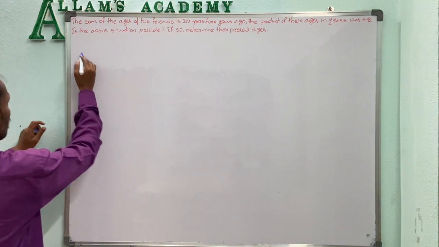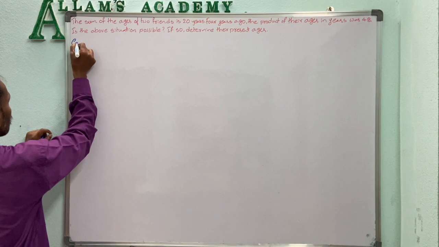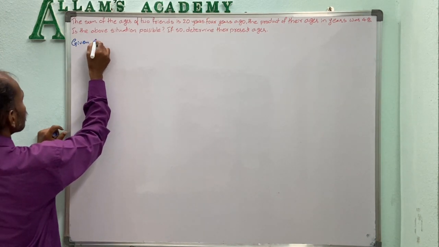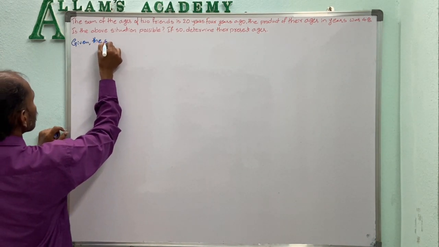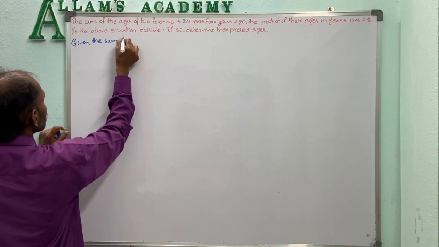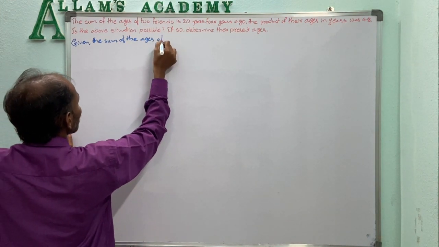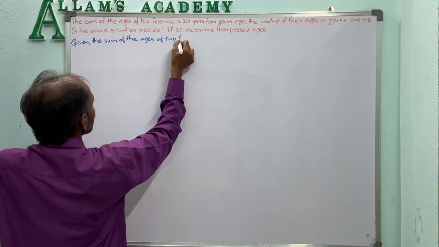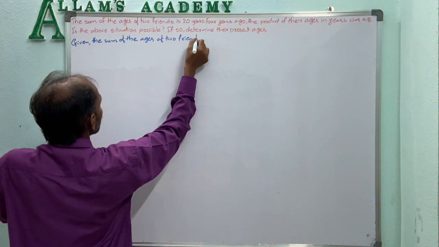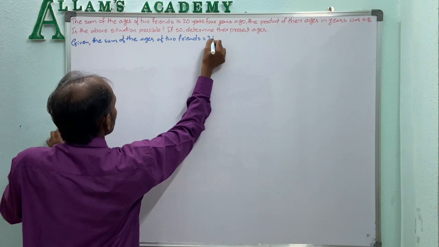So here given the sum of the ages of two friends equal to 20 years.